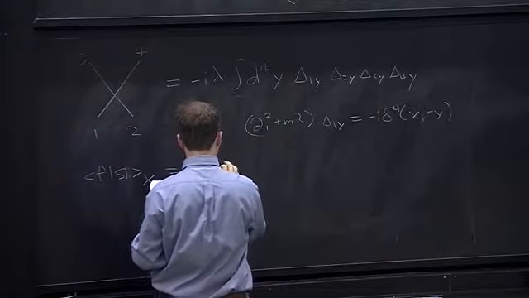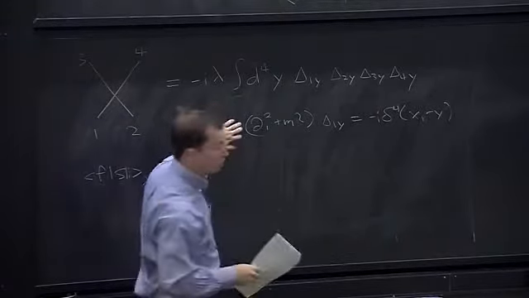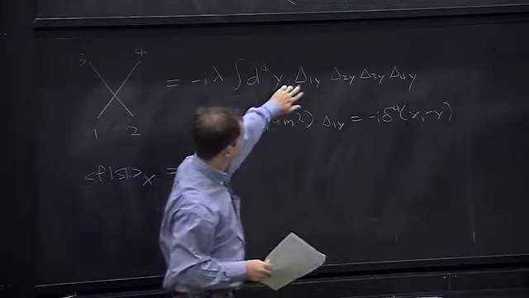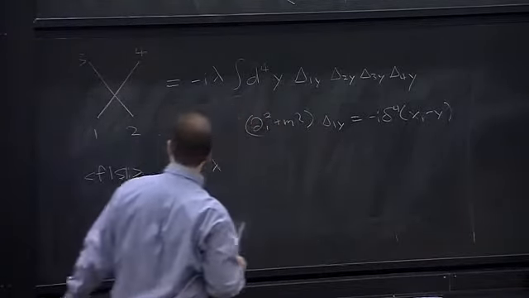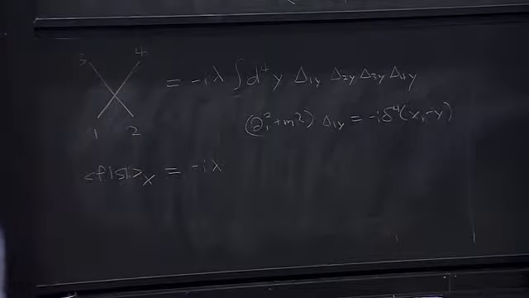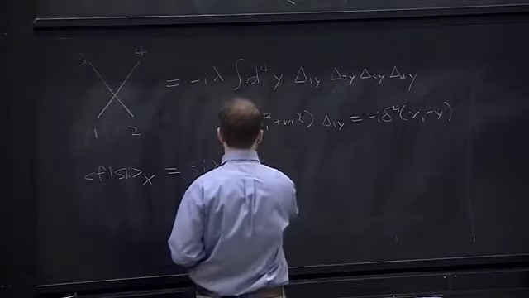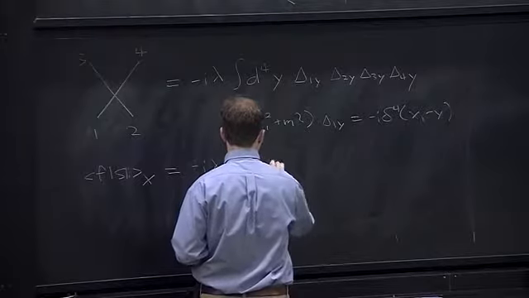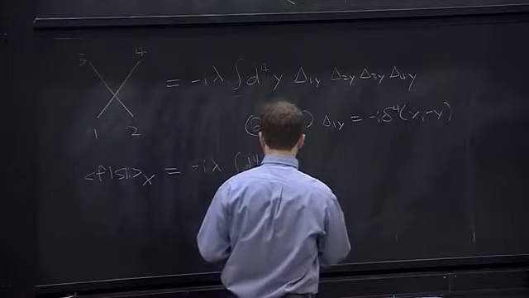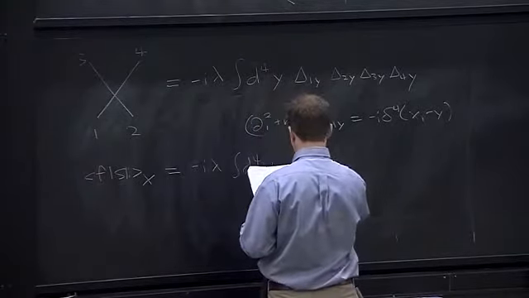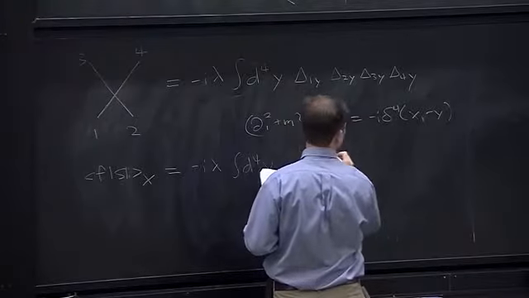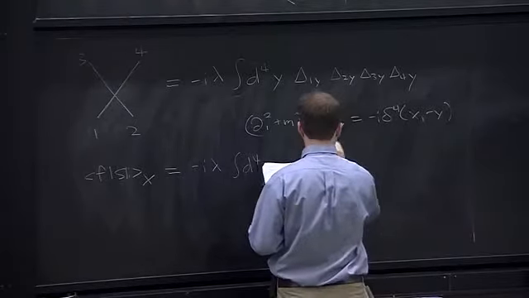So what we get is we can apply the Klein-Gordon operators to each of the propagators, and then use the x1 through x4 integrals to get rid of the delta functions. And then what we're left with is just this integral over d4y and the exponential factor, where now all of the xi's are set equal to y.